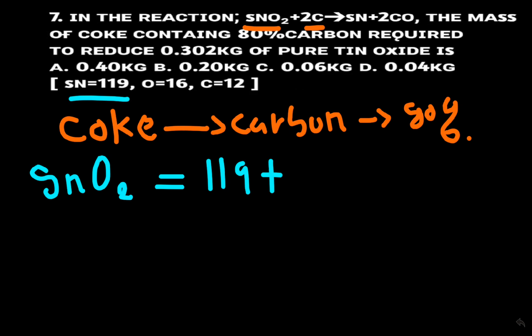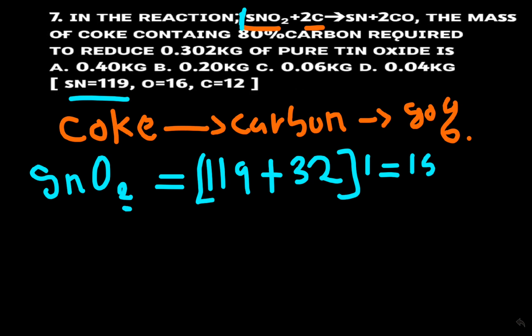Plus oxygen is 16 times 2. 16 times 2 down here, you get 32, times the number of mole here, which is 1. So we'll just say 1. 119 plus 32 is 151, and that is actually our molar mass.